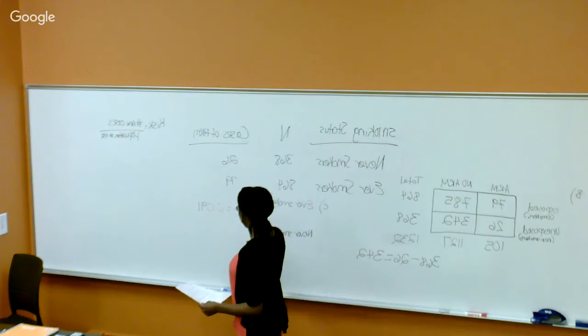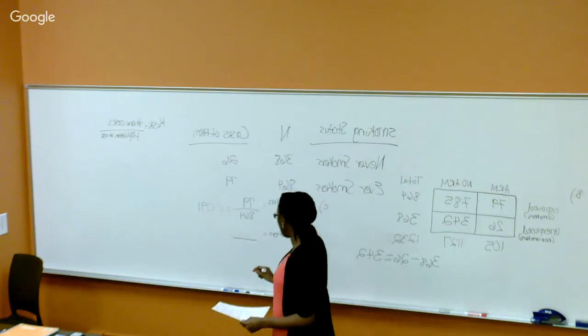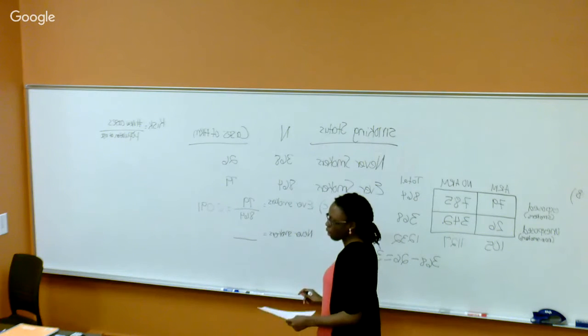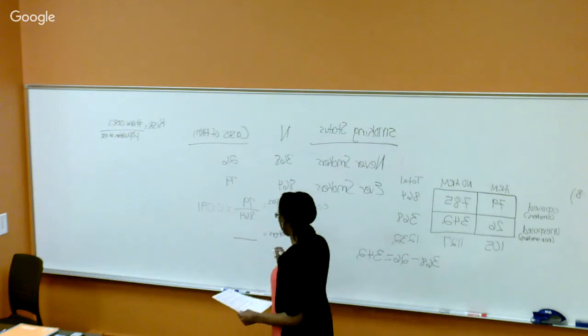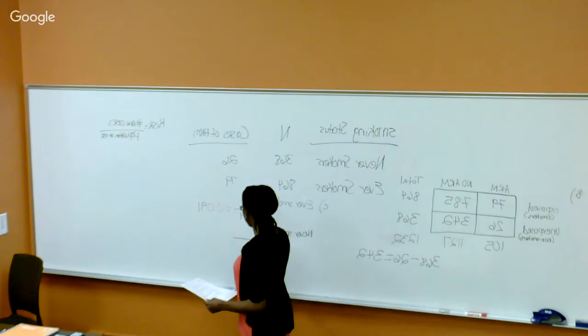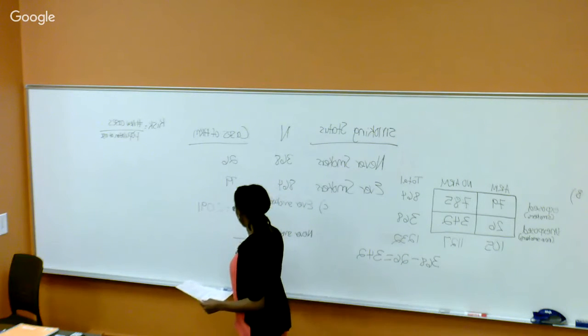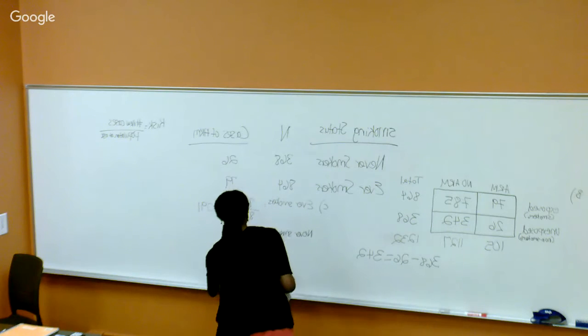Okay. So how do we get the risk for the never smokers? The total number of never smokers is 368. That's the denominator.